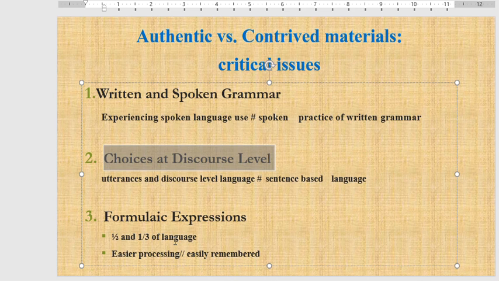So what happens here? You learn isolated words, and learning isolated words is difficult, remembering them is difficult, putting them together is difficult, and when you use isolated words to put them together, the language you use is not native language.